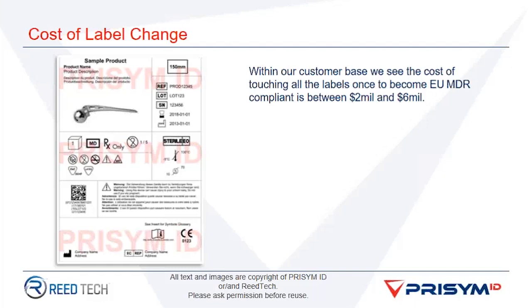One company that estimated the cost of touching each one of their labels found that it was going to cost in excess of $3 million to do this sort of touch once exercise. And we've heard examples actually going up to $6 million as well for our larger customers.